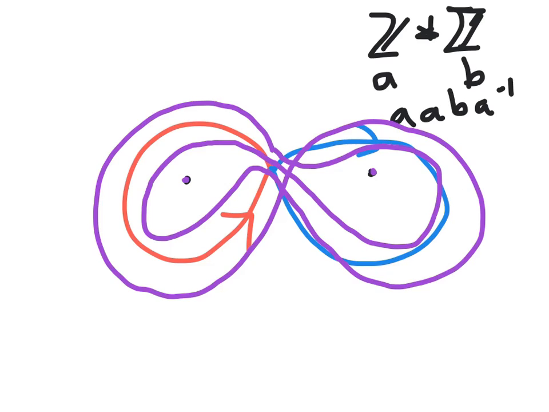The reason is because this purple thing I've drawn is the word A, B, A inverse, B inverse in this fundamental group. And because this group is not abelian, A and B don't commute with each other, you can't just pull this A past this B and cancel with this other A. This path you may have seen before if you've done a course in complex analysis. It's called the Pochhammer contour, and it's used in some evaluations of the beta function.